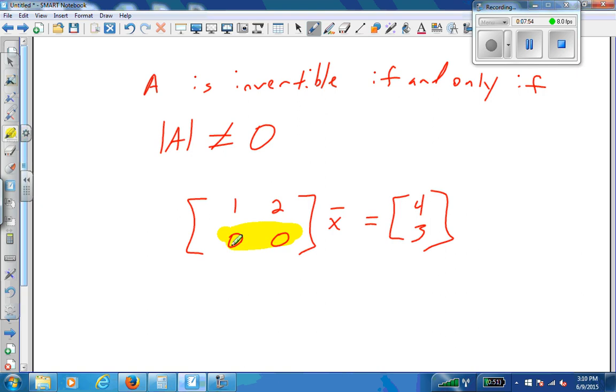If we come up with zeros here, then this has no solution. Notice this says no x1s plus no x2s equals 3. Well, how can 0 equal 3?